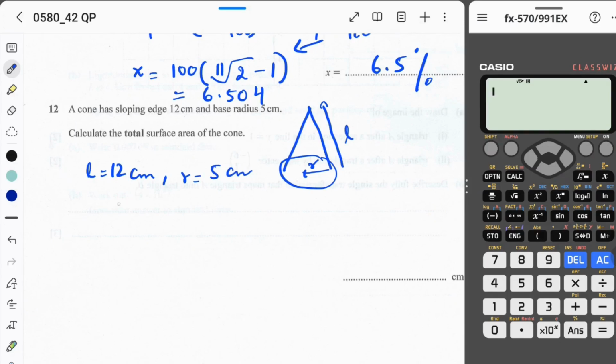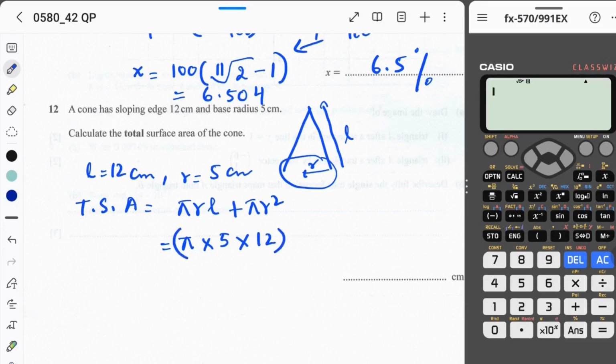So the total surface area is equal to the curved surface area, which is pi r l, plus the base area, which is pi r squared. Now we have r is 5 and l is 12, plus pi into 5 squared. We know that pi is common.